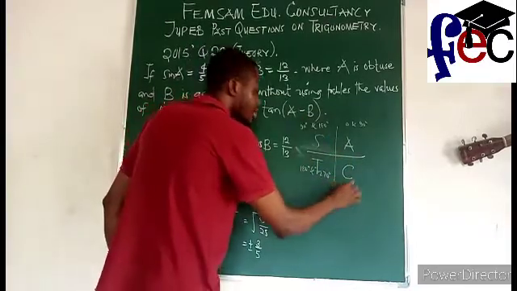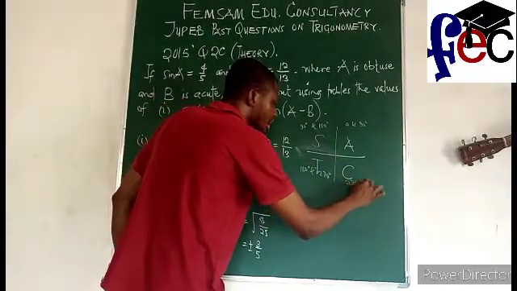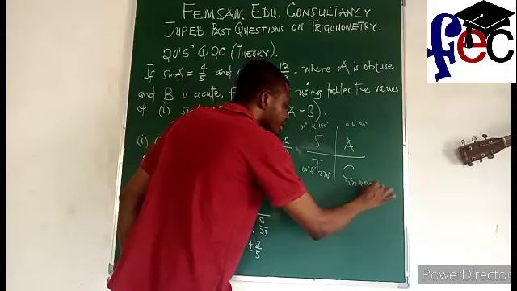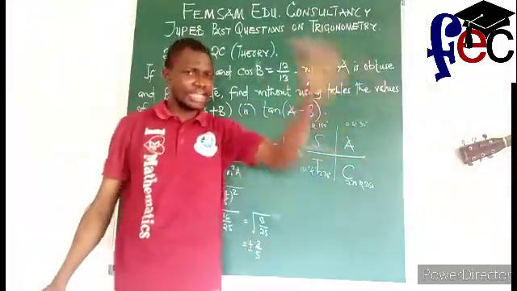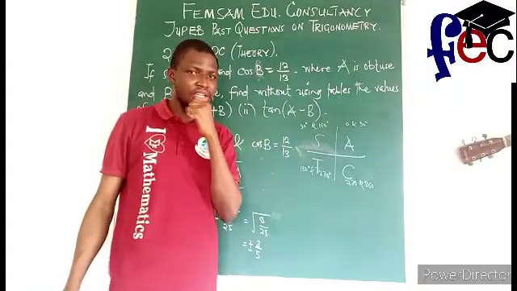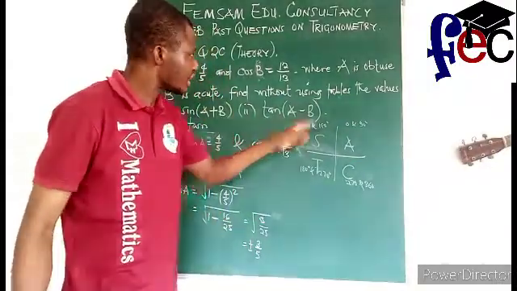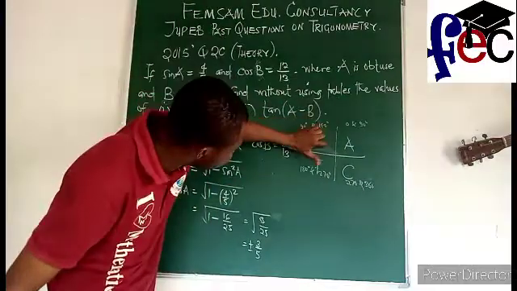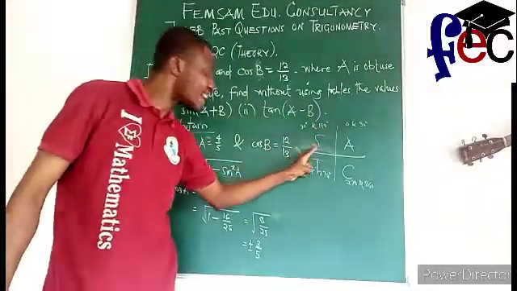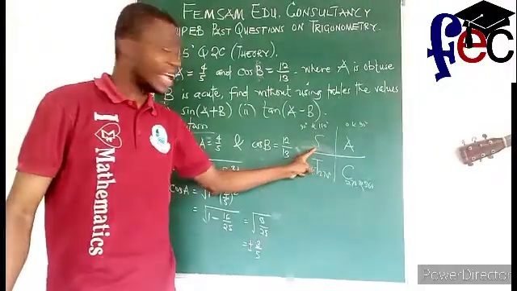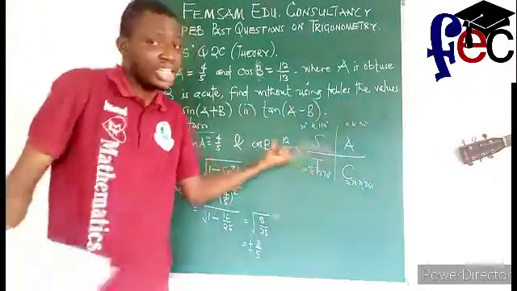In this quadrant, the angles are between 270 and 360 degrees. So for A to be obtuse, it means it's greater than 90 but less than 180. So that angle A will fall in this second quadrant. And once it falls here, take note, only sine of angles is positive. Every other trigonometric ratio is negative.